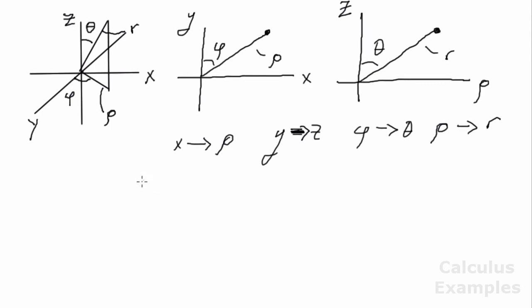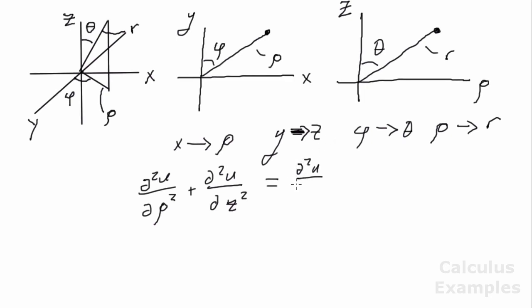So every time we see x, we put a rho. So second partial of u with respect to, instead of x, we're going to put rho, plus the second partial of u, instead of y, we're going to put z, that'll be now equal to the second partial of u with respect to, let's see, it was rho squared in the old one, so it'll be r squared in this one.